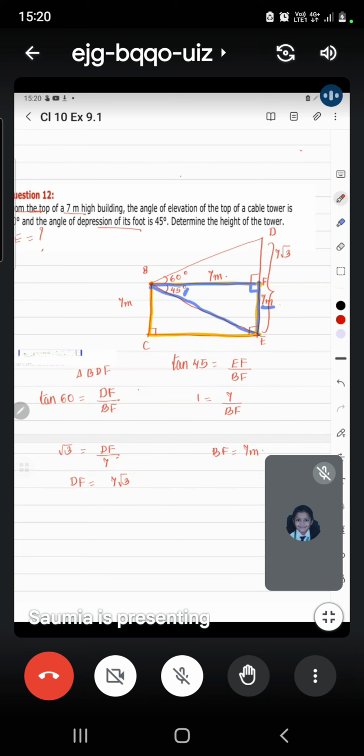Have I got it? No, ma'am. Ma'am, we need to just add BF and DF. Yes. I have to add my 7 root 3 and my 7. If I write 7 root 3 plus 7, how many of you are going to write it as 14 root 3?